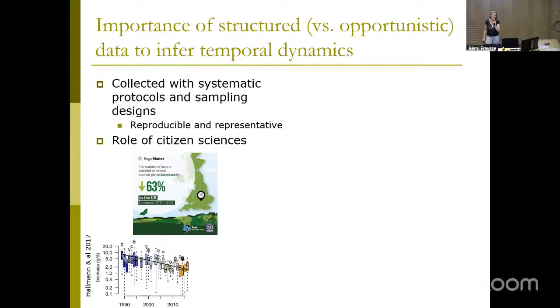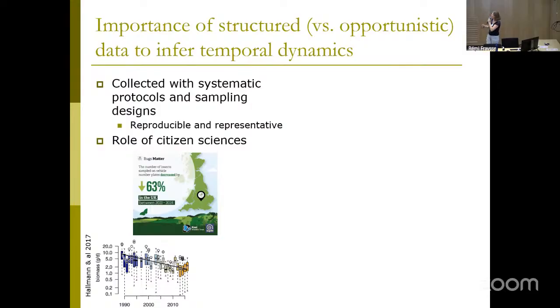And in fact, for the case of insects, the only reliable data that did demonstrate a decrease in the abundance of insects were data that were produced by non-professional, non-scientist persons. You may have heard about this initiative in the UK, Bug Matters, in which they offer citizens to clean the number plate on their car, drive, and then count the number of insects that were dead on the plate.